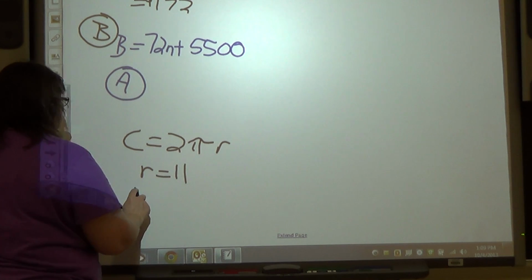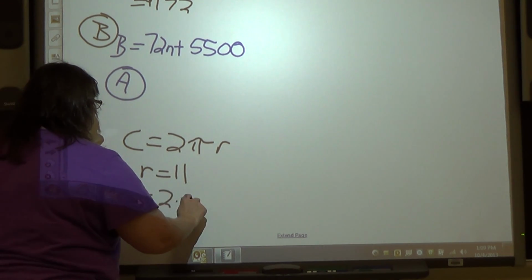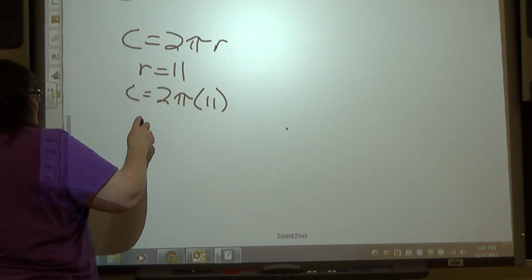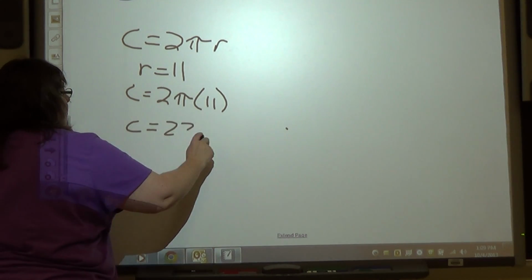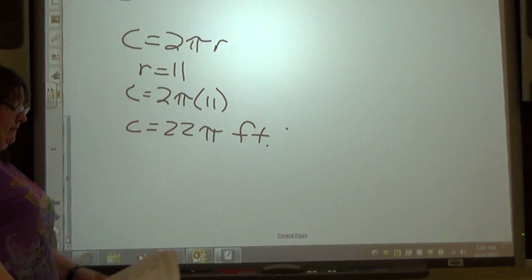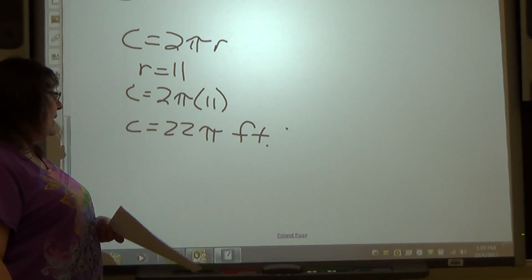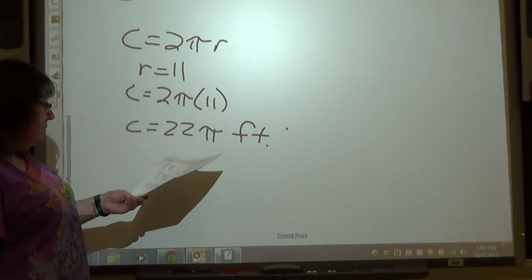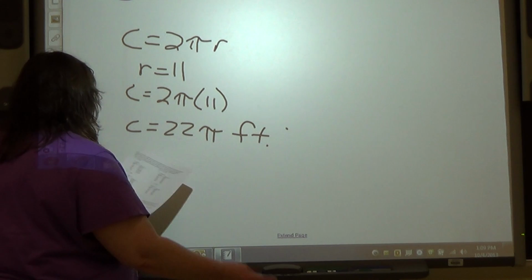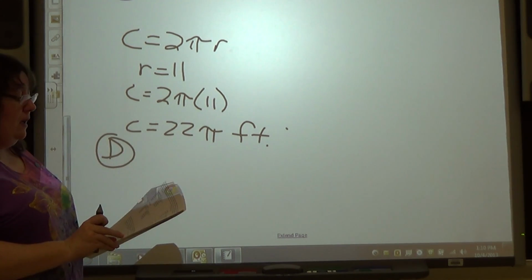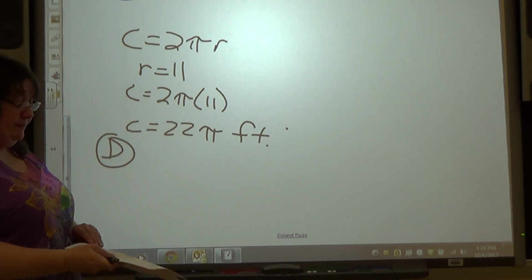So plug it in. C equals 2 pi times 11. So this is C equals 22 pi feet. Okay? So because it doesn't say plug in 3.14 and find the actual, you actually do it this way. So your answer for this is D. All right? So that's that left-hand side.